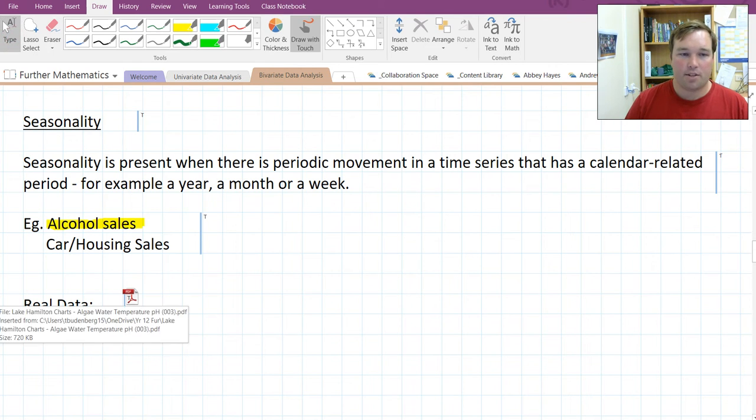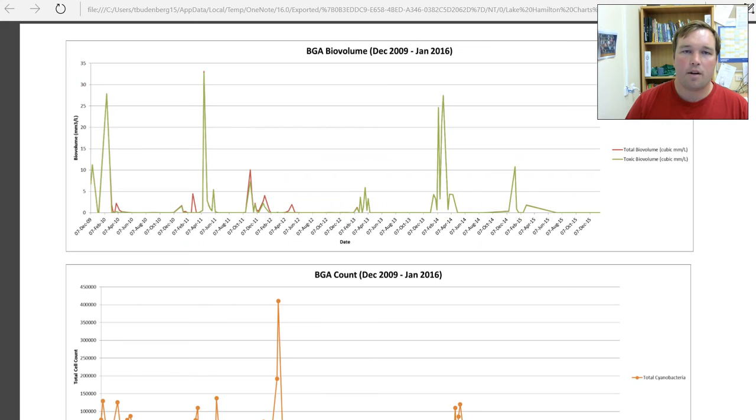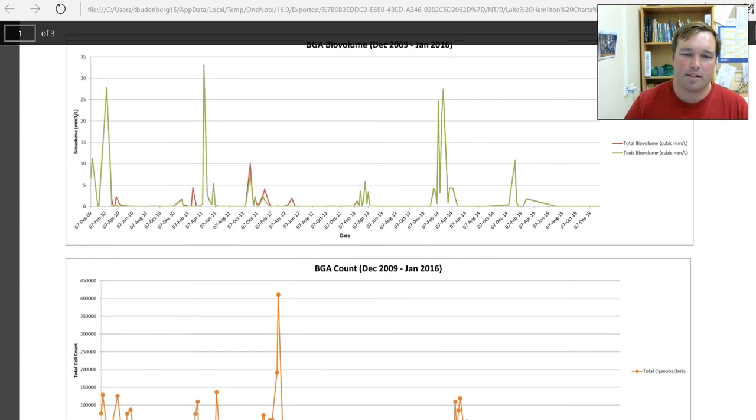And just out of interest, you can see some data from our lake. BGA's blue-green algae biovolume. You can see that about every February-March, it peaks. February-March peaks, February-March, it peaks. Okay, that one was rather unusual, but back here, February-March, it peaks.